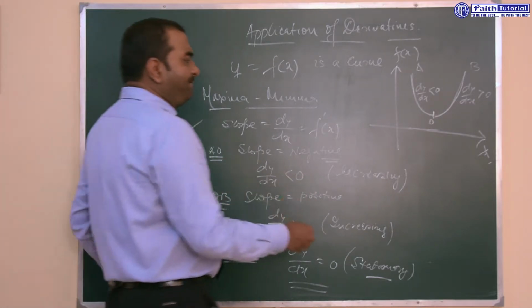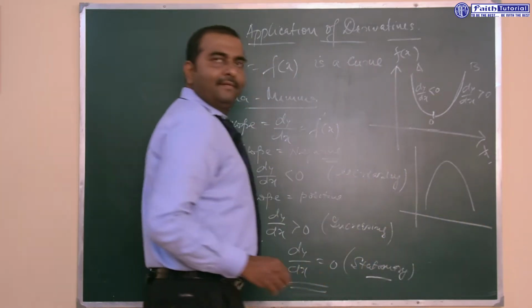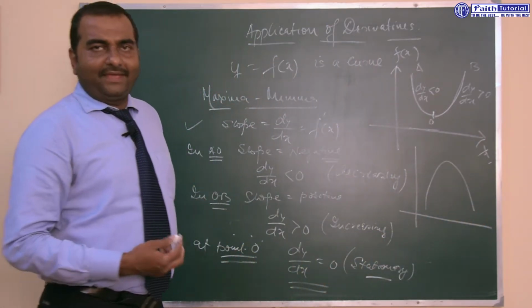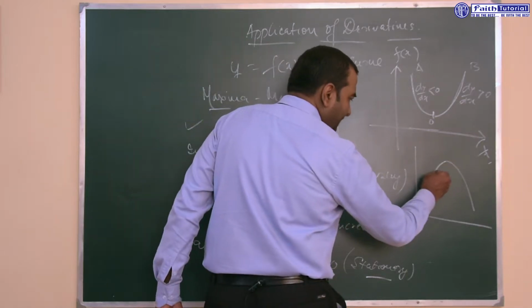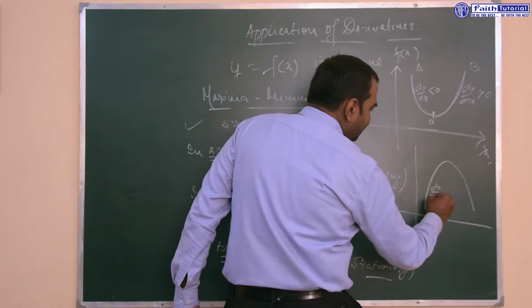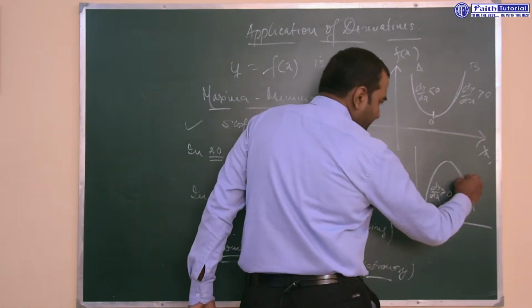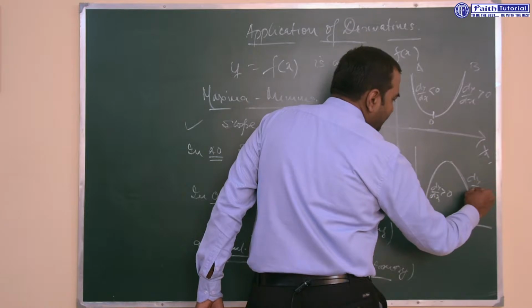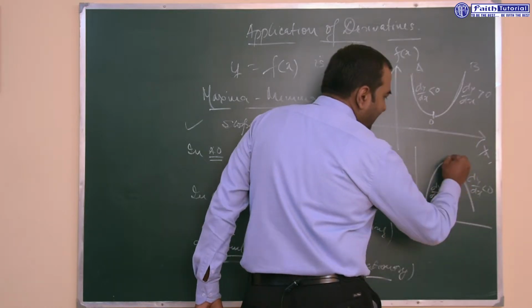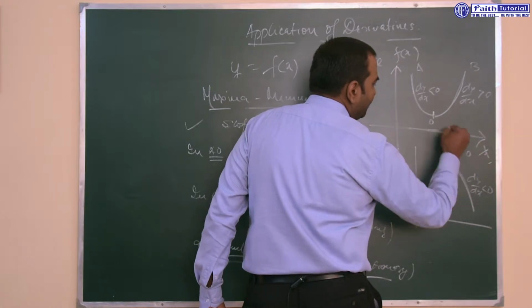The curve would have been of this form, and we take the same thing. In this region dy by dx will be greater than 0. In this region, dy by dx will be less than 0, and again at this point dy by dx equals 0.